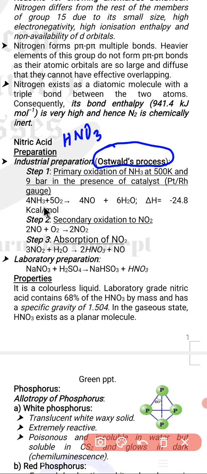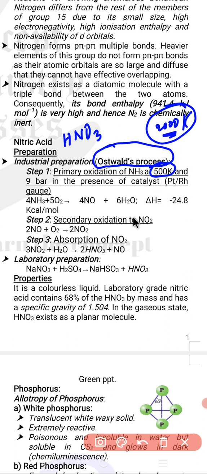We can take nitrogen also here, but ammonia and oxygen react somewhat more easily. Remember, nitrogen and oxygen only react at 2000 Kelvin, which I have already mentioned, and this is very tough. But when ammonia and oxygen are reacted, that happens at 500 Kelvin. This is comparatively lesser energy, lesser temperature.